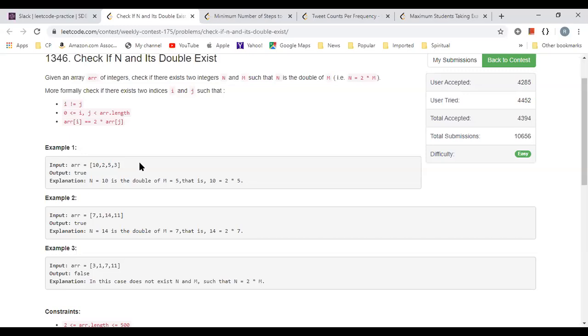Did anybody try to solve it or have an approach? Yeah, I relate this problem to one we did in the past, the two-sum problem. So we can phrase this in terms of two-sum. We're looking for a double value, right?